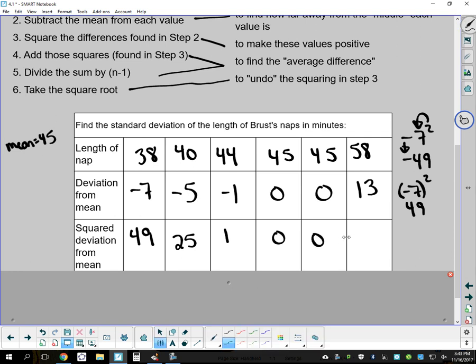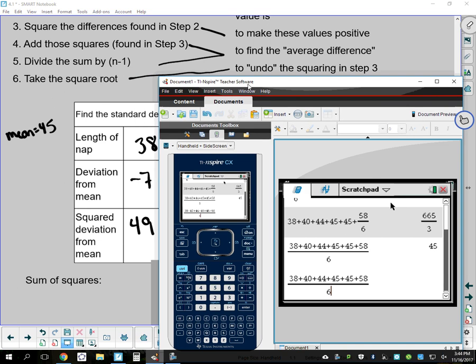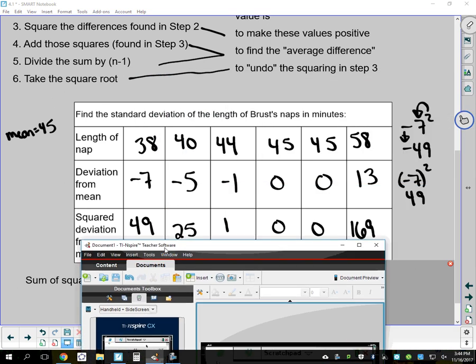And 13 squared is 169. Okay, that was step 3. Now we have all positives that we are working with. Step 4, add those squares that we just found. So this bottom row of numbers, we're going to add all of those up. Okay, so let's see.